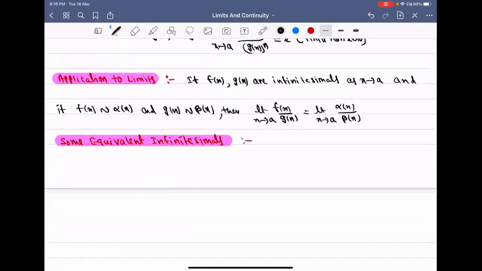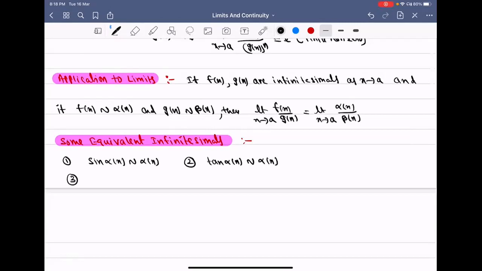First one is sine alpha x is equivalent to alpha x. Number 2, tan alpha x is equivalent to alpha x.